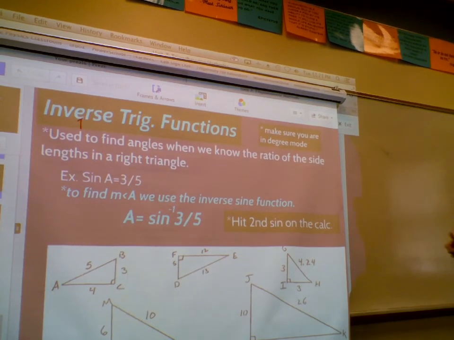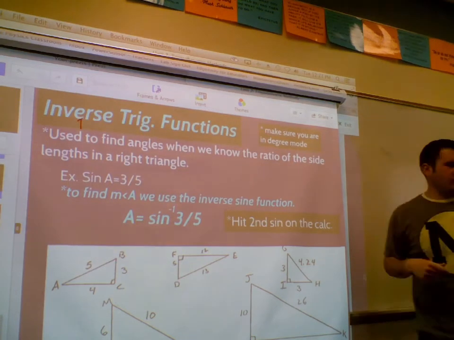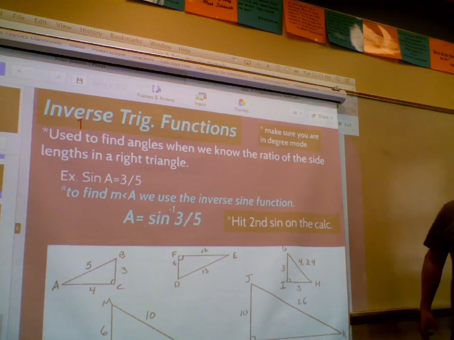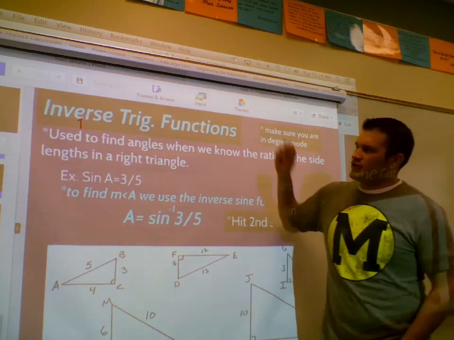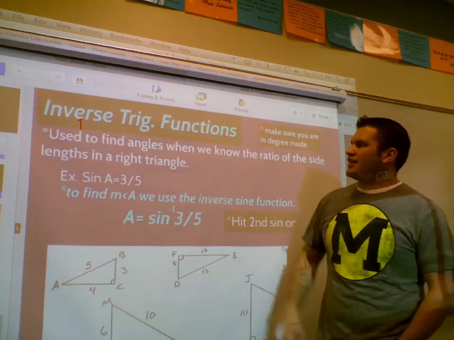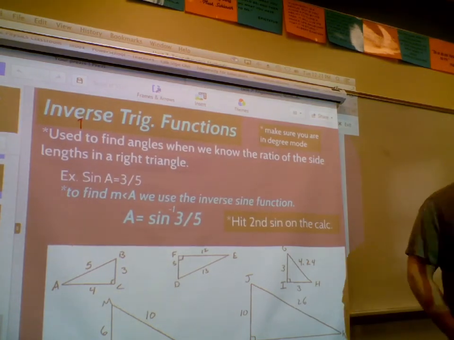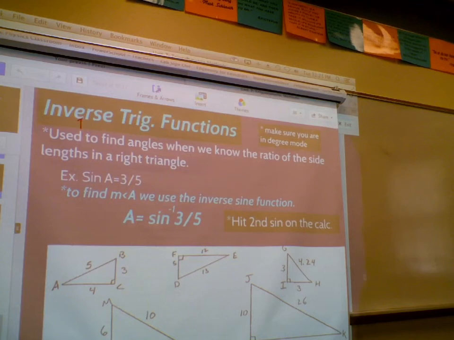Remember, hit mode. Make sure you're in degree. And once we know we're in degree, we can use inverse trig functions to find angles when we know the ratio of the side lengths in a right triangle. Okay, so write that down real quick. Write down what we use inverse trig functions for. And I'll show you what an inverse trig function is.